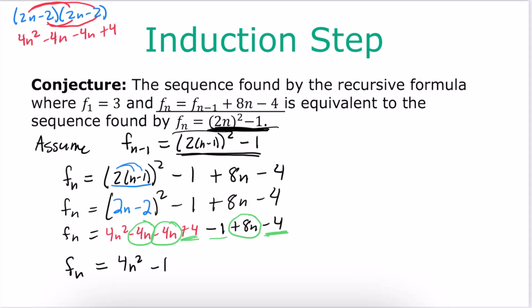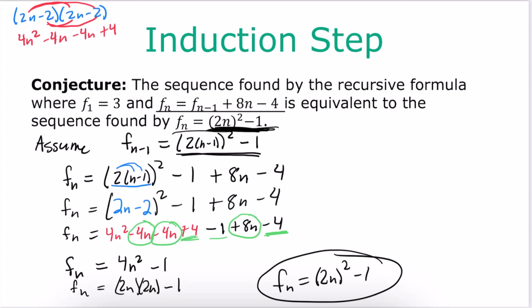And in a proof by induction, ultimately you're trying to prove that f of n equals this. So you would just use factoring and you would say, okay, well, 4n squared is the same thing as 2n times 2n minus 1. And then your last step would be to show that that equals 2n squared minus 1.